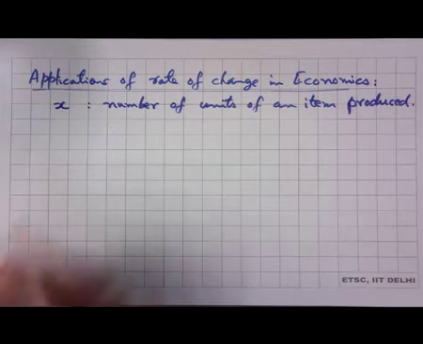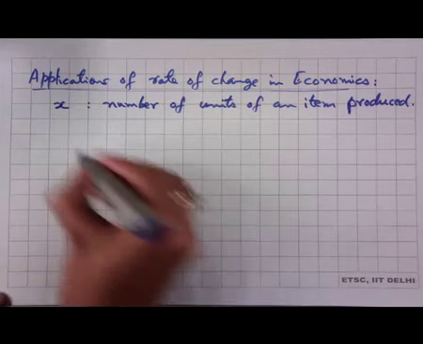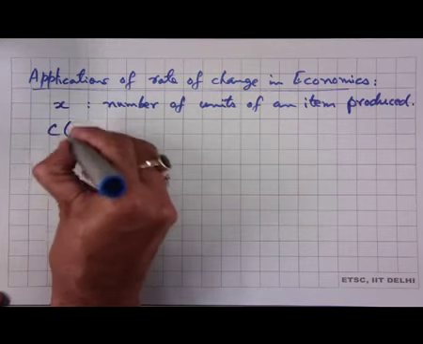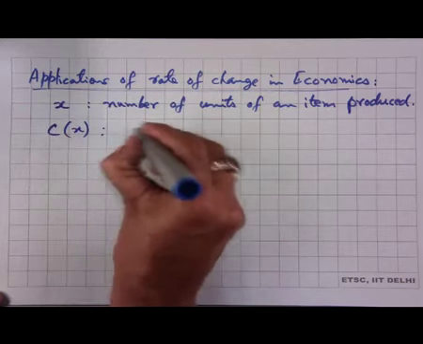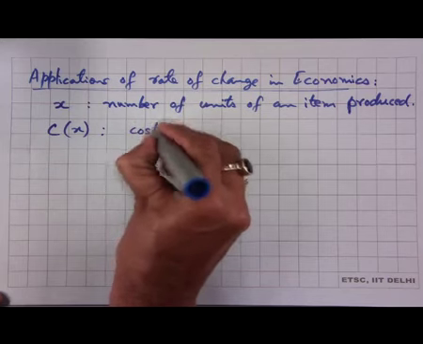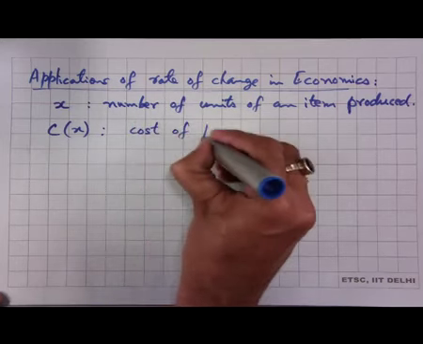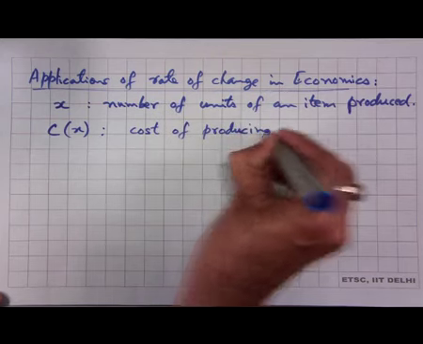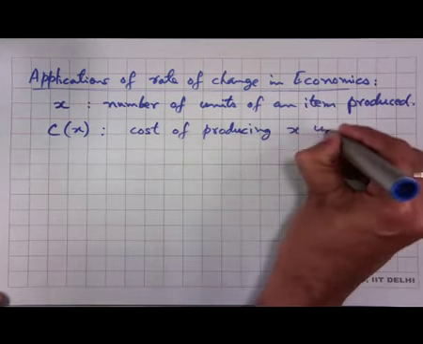So, x is the number of units of an item produced, and C of x denotes the cost of producing x units.